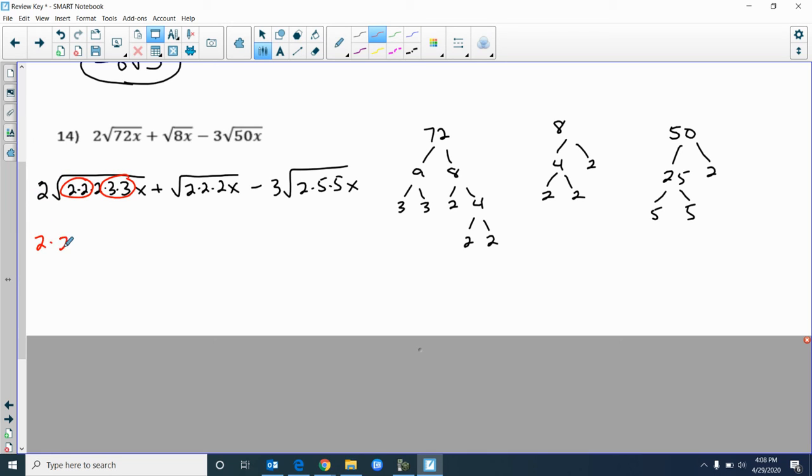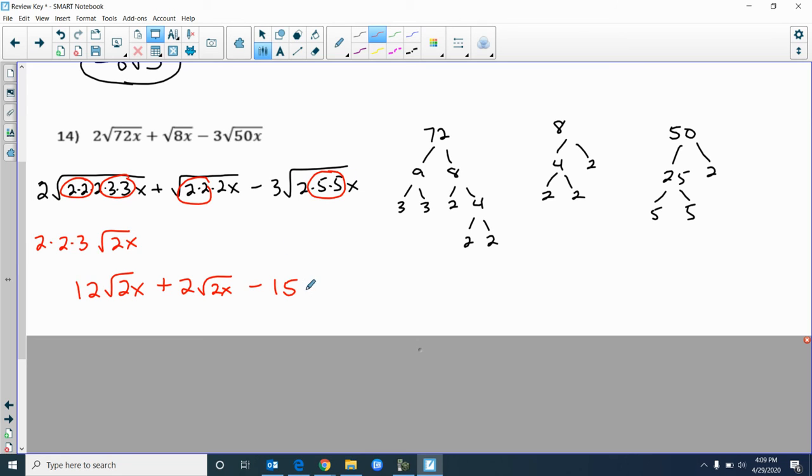I don't usually do that. I haven't done this lately, but I'm going to do it here. And that's going to give you 2 times 2 is 4 times 3 is 12 square root of 2x. Plus, pair of 2s here means 1 2 comes outside. Square root of 2x. Minus 5 comes out, multiplies by that 3.